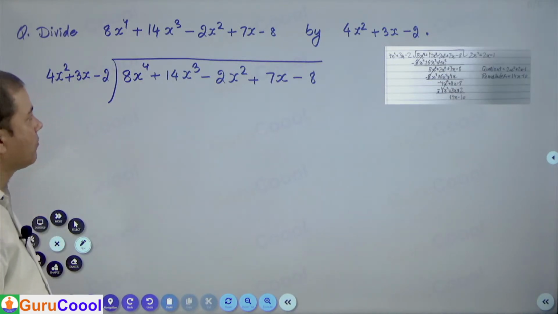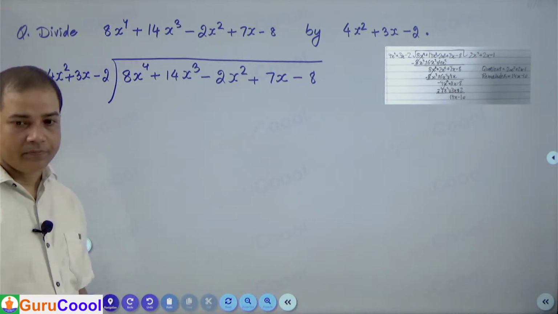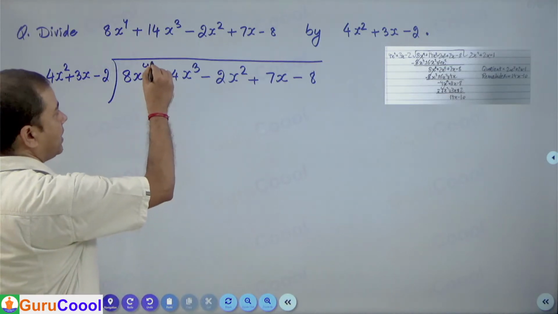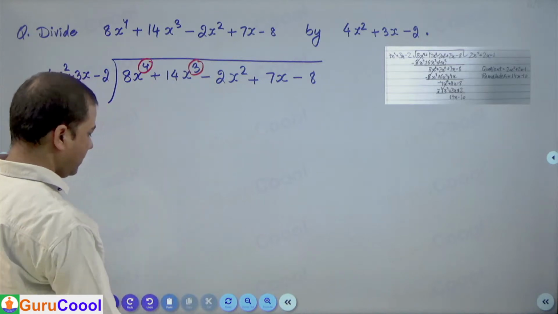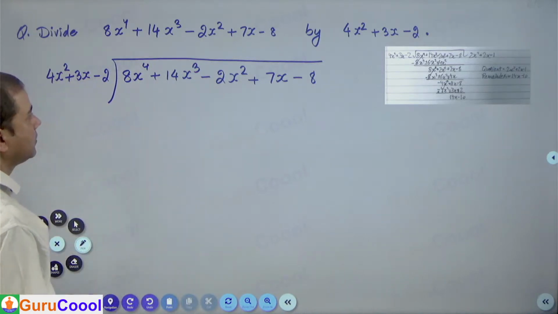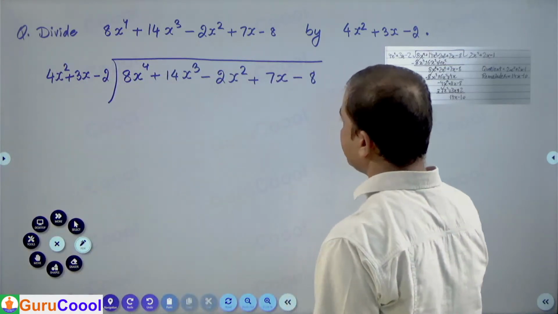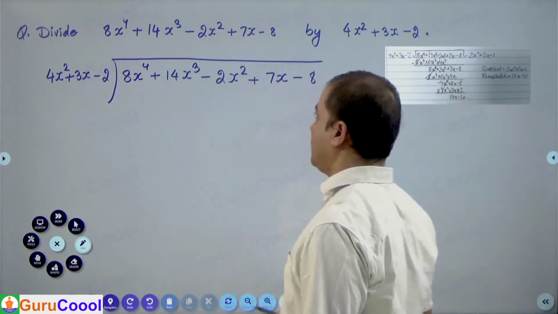First is maximum degree 4, second is lesser than that. It's already a standard form. So 8x power 4 divided by 4x square is how much?